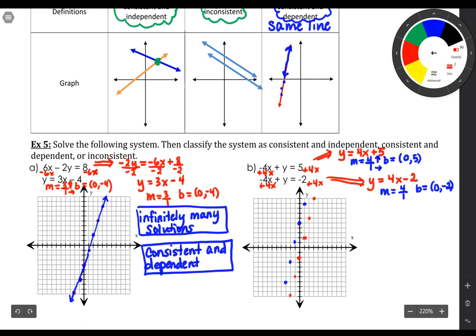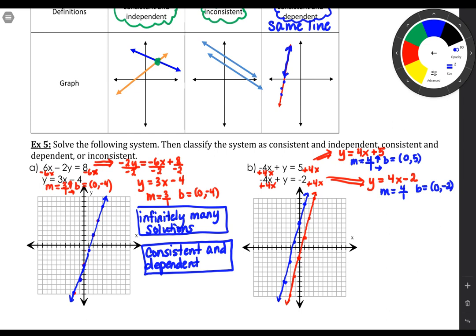Okay, now the hardest part is going to be connecting the dots. So let's see how I do. Oops. Missed that one, but as you can tell, those lines will never intersect.